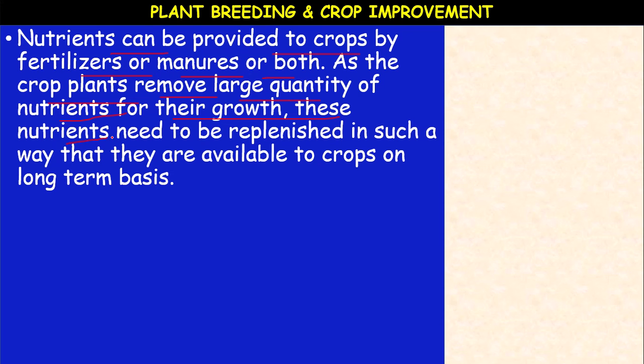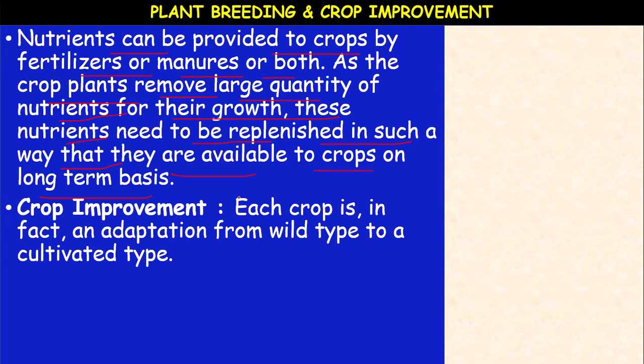These nutrients need to be replenished in such a way that they are available to the crops on a long term basis. Natural nutrients in the form of compost and manures, that is biofertilizers, must be supplied to the field.